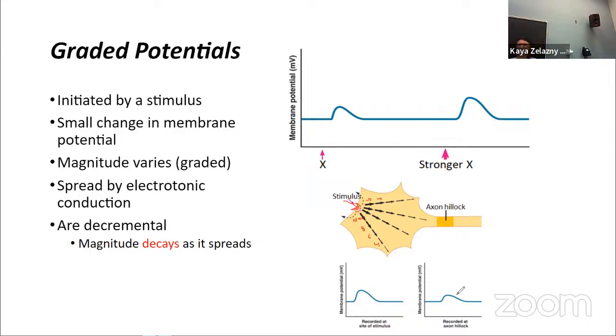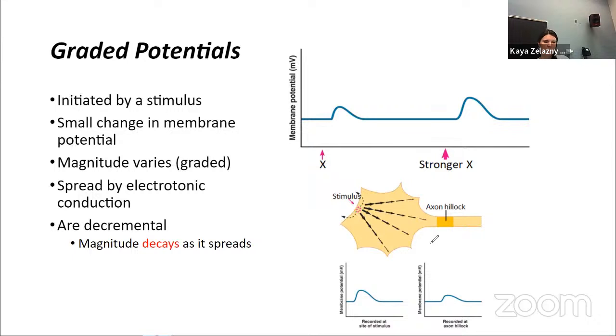That's what we mean by decaying. That spread is happening by something called electrotonic conduction. That just really means that these charges are spreading around. So this decremental quality means that we're fading as we move away from that spot, but we do have some changes to the membrane potential happening in other parts of the cell.